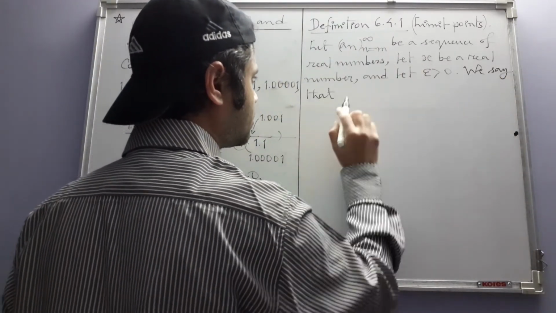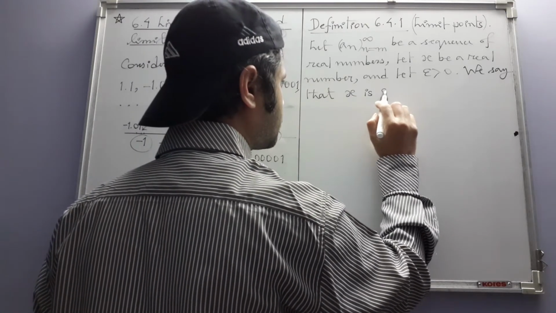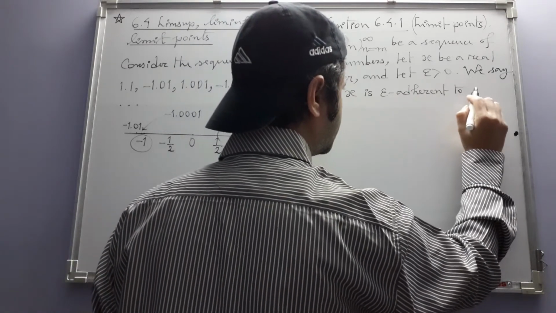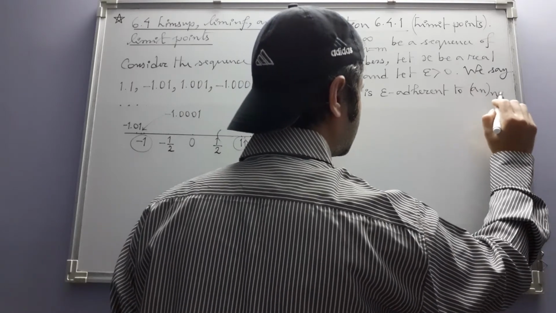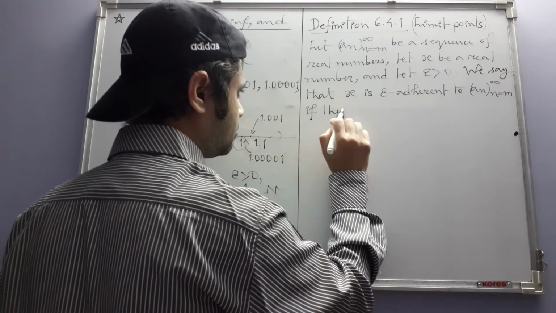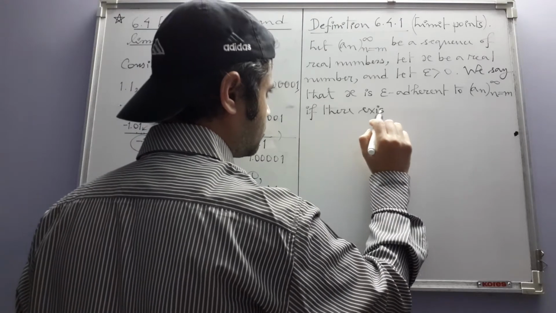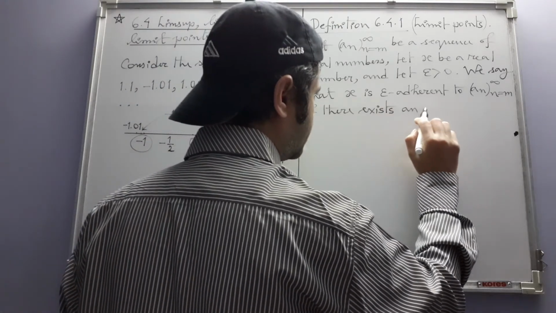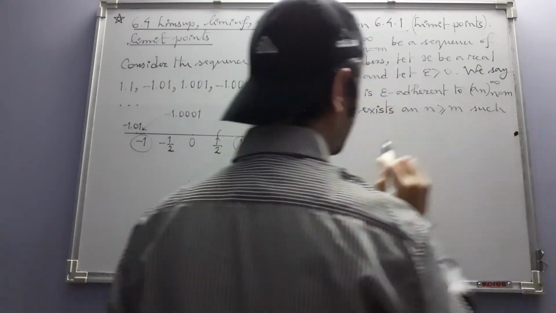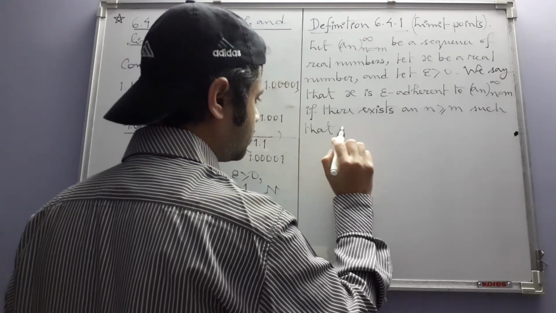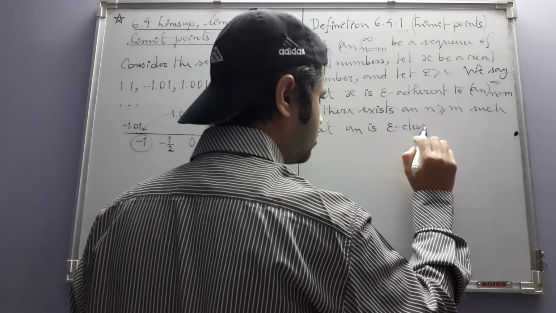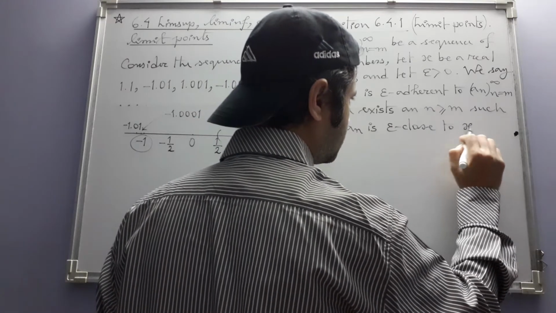that x is epsilon adherent to this sequence if there exists an integer n greater than or equal to m such that an is epsilon close to x.